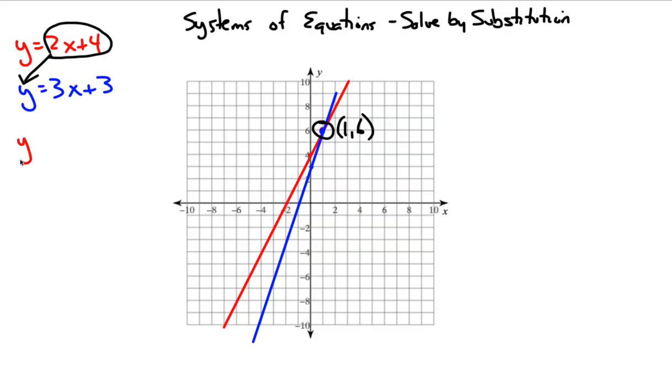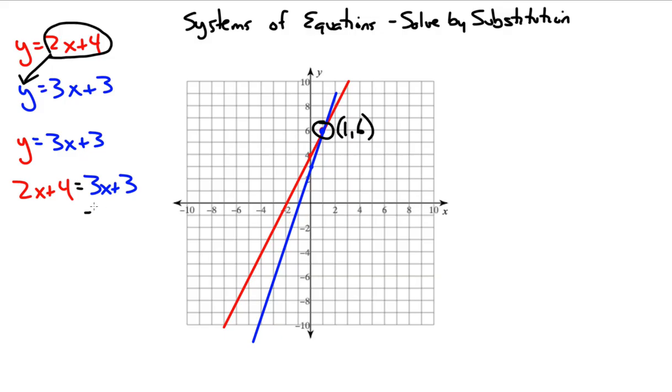So I could say this red y is also equal to what the blue y is equal to, which is 3x plus 3, and the red y, as we have up here, is equal to 2x plus 4, and that's going to be equal to the blue y, which is 3x plus 3, and I did that by substitution. I just substituted the value of one y in for the other. Now that I have that, I can solve it.